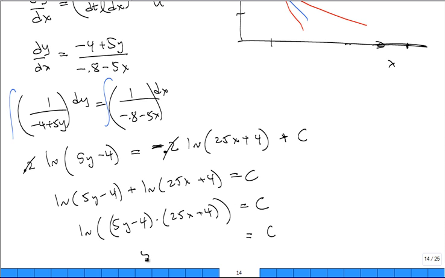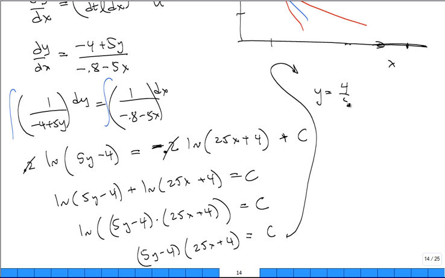So c is equal to 5y minus 4 times 25x plus 4. Rewrite into a form: y is equal to 4 over 5 plus a constant divided by 5x plus 0.8. Finally got it to look like y is a function of x.